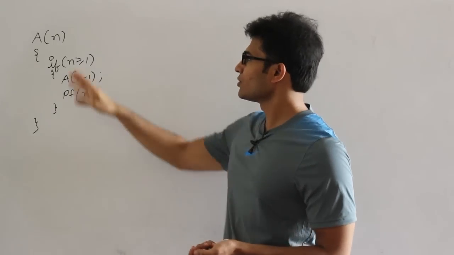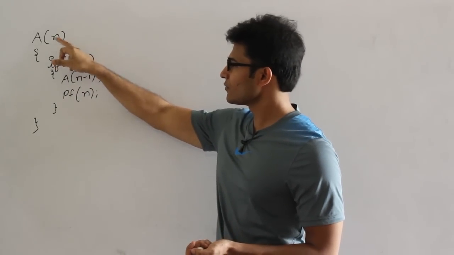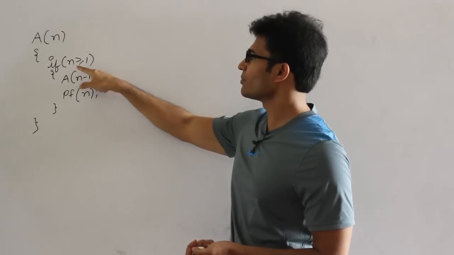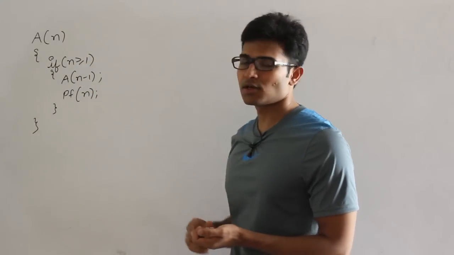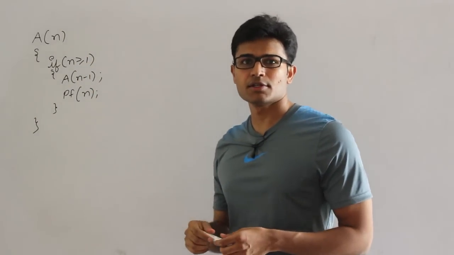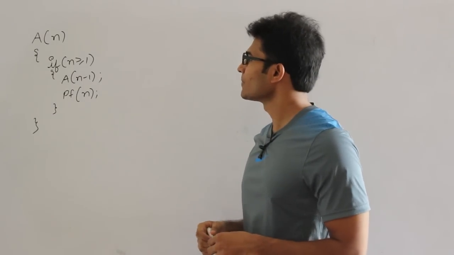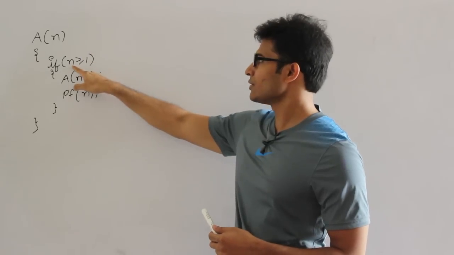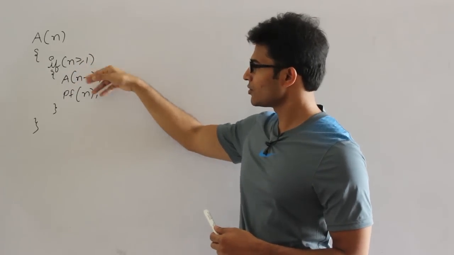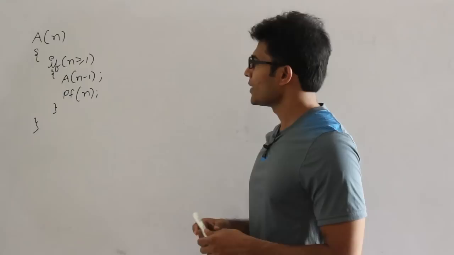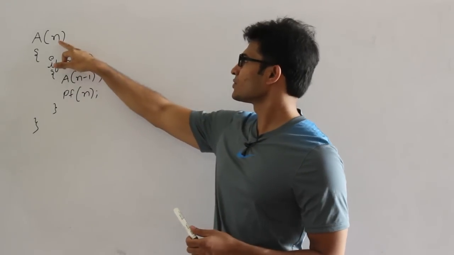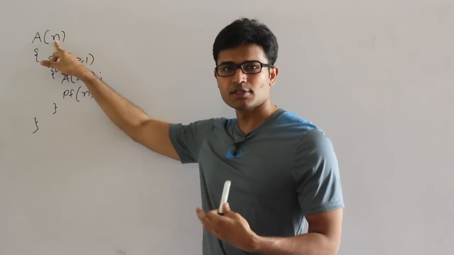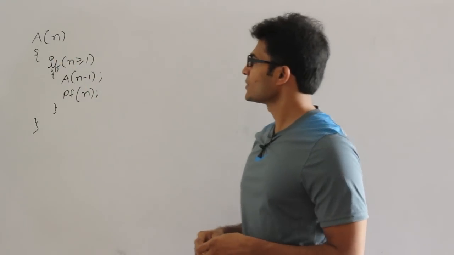We are going to start with some number which is greater than 1, and we should know when to stop it. That is where this condition is used. This is also called the anchor condition or halting condition. You are going to stop the program whenever n is less than 1, otherwise you are going to continue. My first assumption is that n is always going to start with some number which is greater than 1.